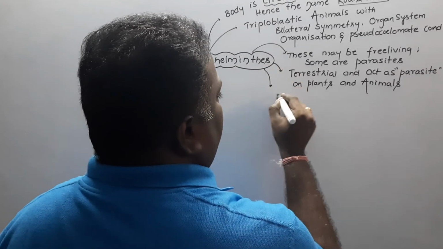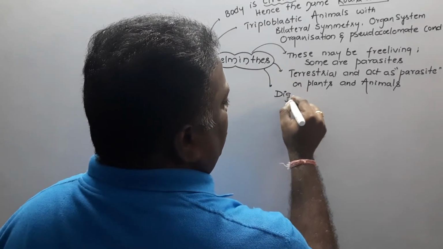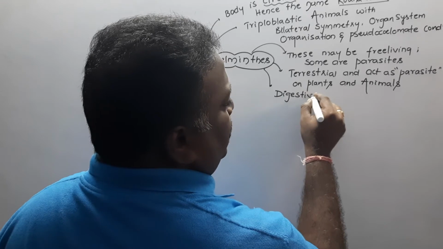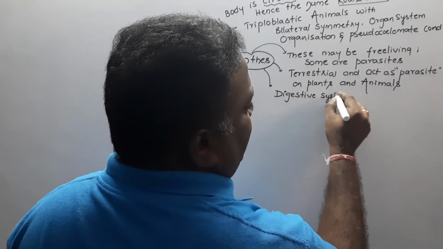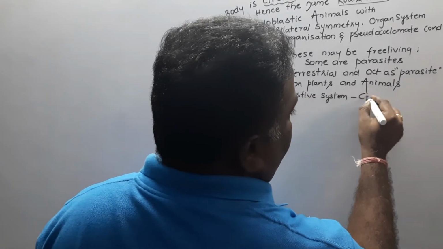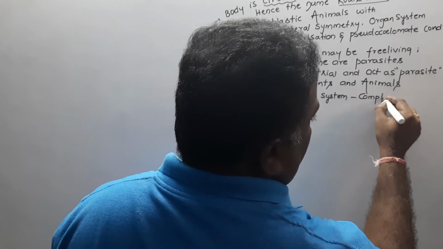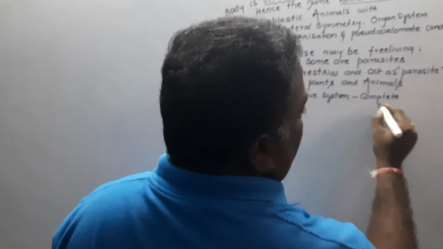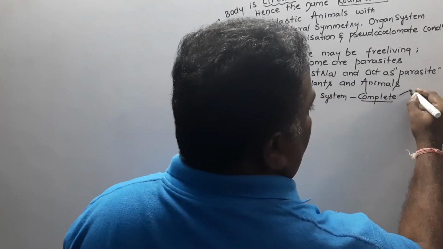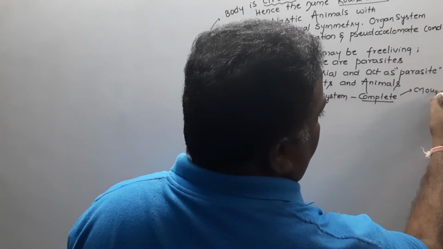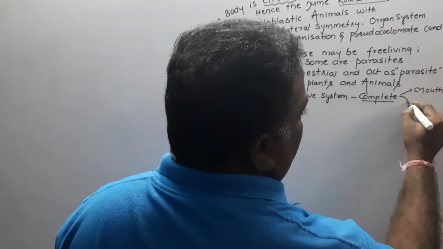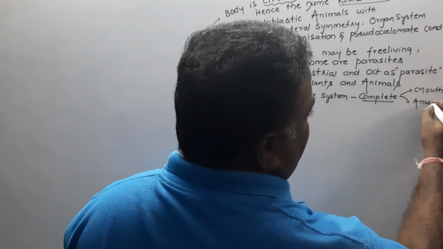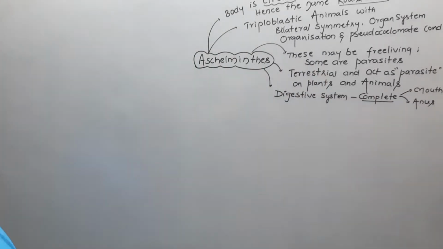For the first time, the digestive system: if we observe the digestive system, it is complete with both an anterior mouth for taking in food material and a posterior anus for the removal of waste material.